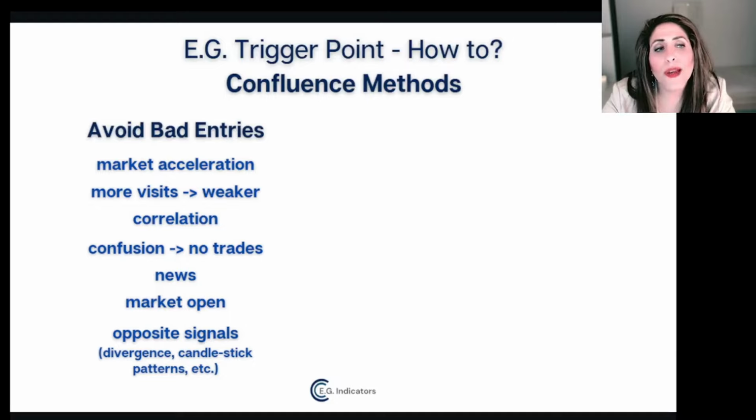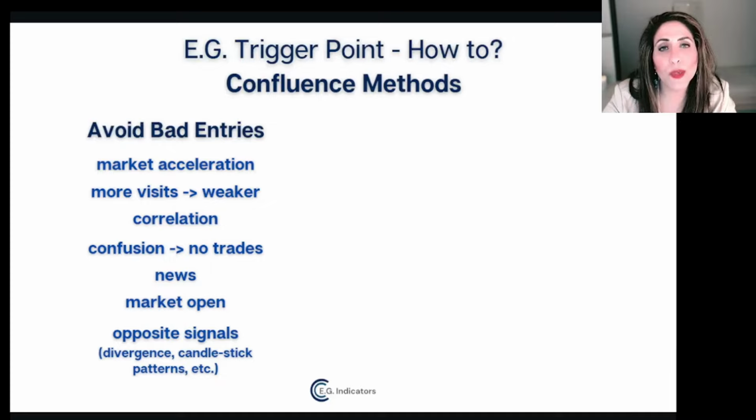ways like utilizing tools and their opposite signals, meaning the market reaches a level, it's the first touch, but the divergence tool indicates the opposite side, meaning it produces an opposite signal. This is also disagreement.